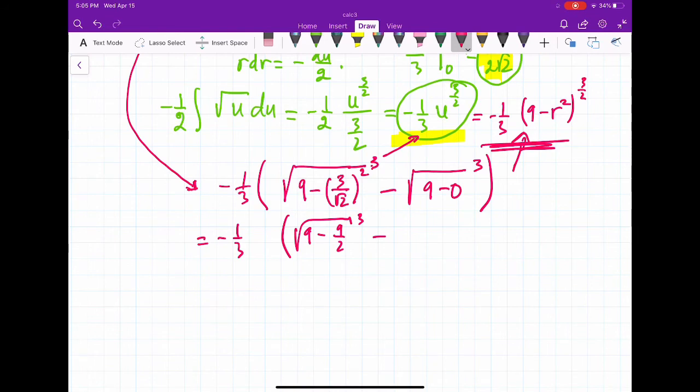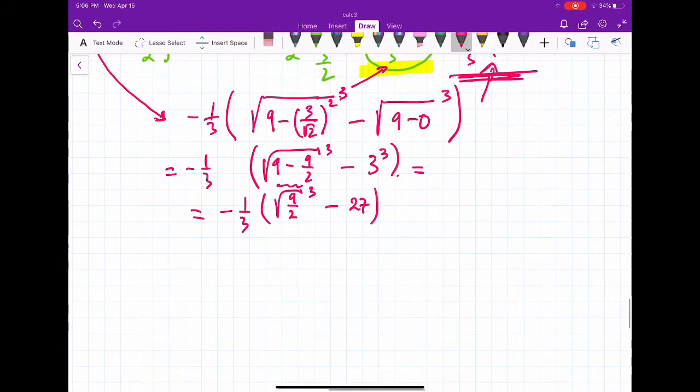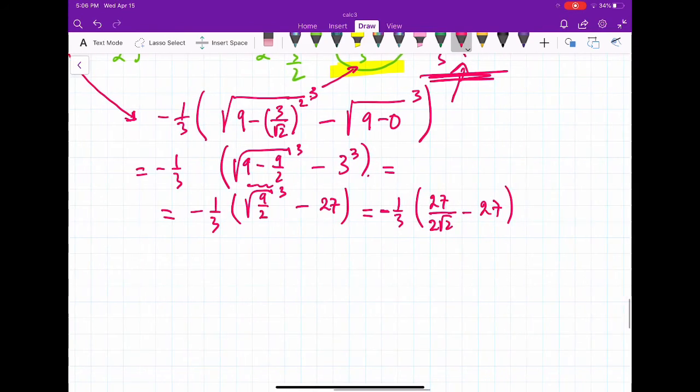In here, I have 3 cubed. So we might simplify this. This is just 9 over 2 square root, and apply cubic in here. We have 27, right? Overall, I will get negative 1/3 times 27 over 2 square root of 2 minus 27. So this is negative 9 over 2 square root of 2 plus 9.